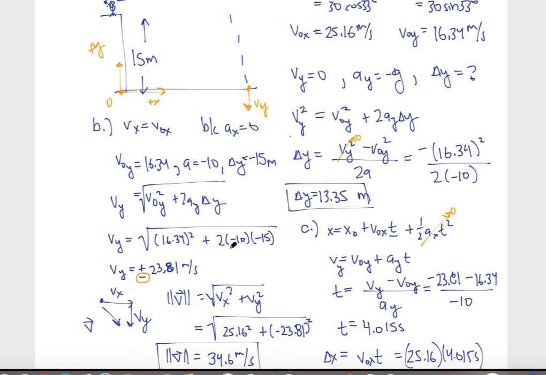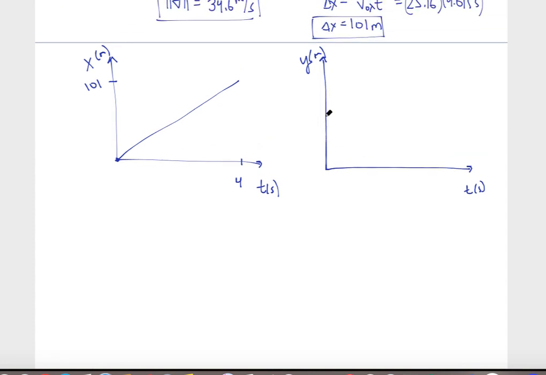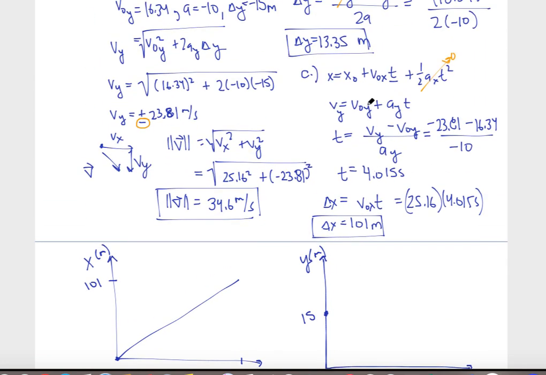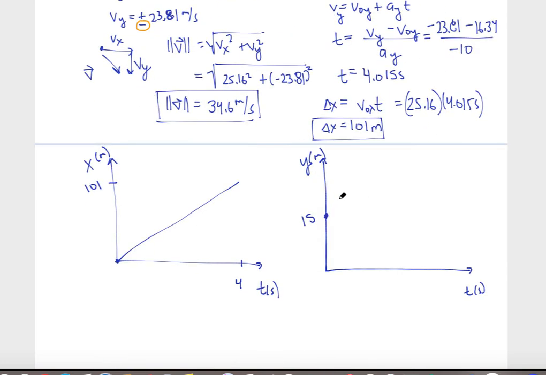I actually start 15 meters above the origin. So my y is going to start at the 15 meter mark. And I know that my highest altitude is going to be 13.35 meters from there. So somewhere over here, I'm going to be about 28 meters above the ground.